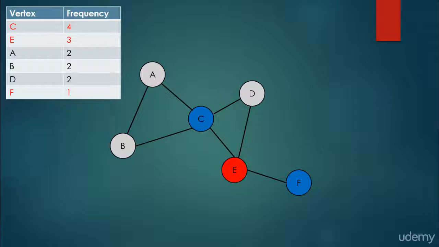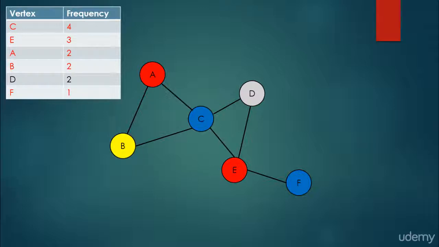We can reuse this color if there are no neighbors of the given node. So for example, we can use the red color for node A because A is not a neighbor of E. And that's all. We cannot color B or D red because it would violate the coloring problem's main concepts.